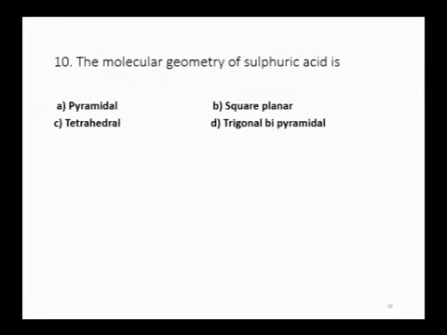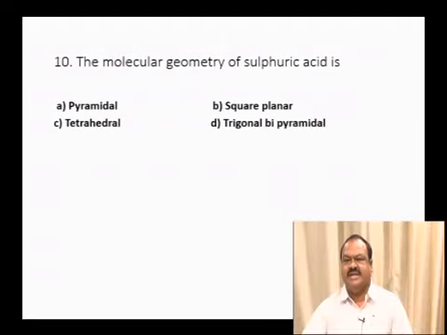Next, the molecular geometry of sulphuric acid is pyramidal, square planar, tetrahedral, trigonal bipyramidal. So, answer is tetrahedral.